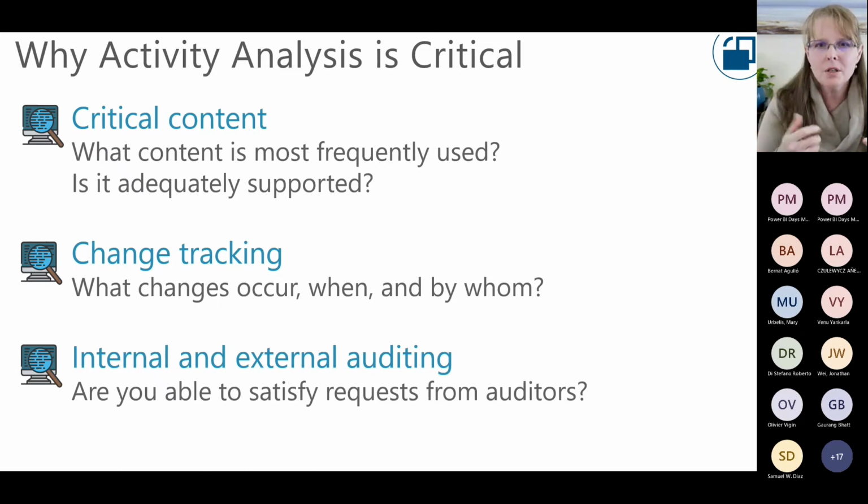It helps us with what is being used and is not being used, and what changes were made when. This includes not only content changes, but security changes. And then, do you have to backtrack and give information to auditors? So if you have compliance needs, absolutely, you need this data.